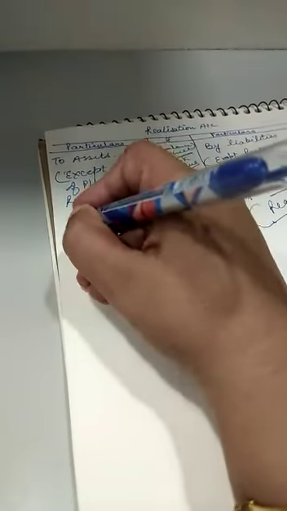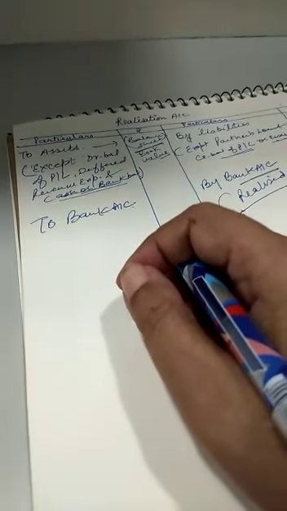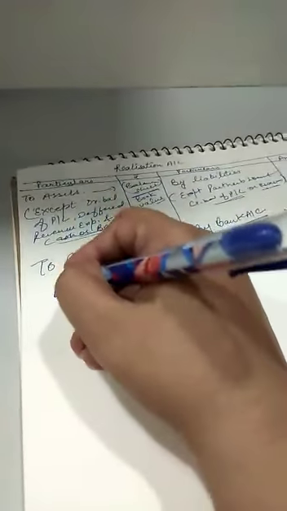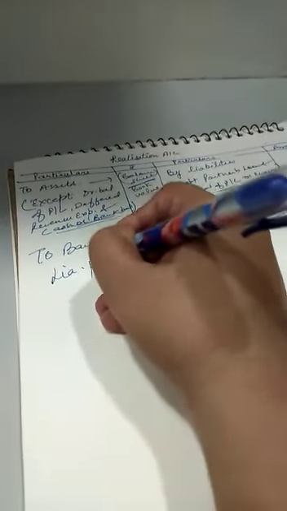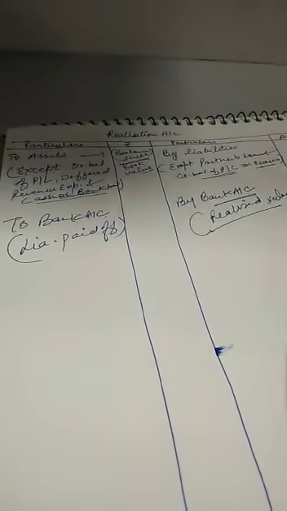Fourth, whatever liabilities are to be paid, that is to be shown on the debit side of realization account: to bank account, liabilities paid off. Sometimes any of the partners takes over an asset or liability.